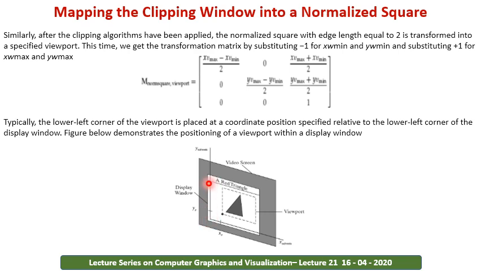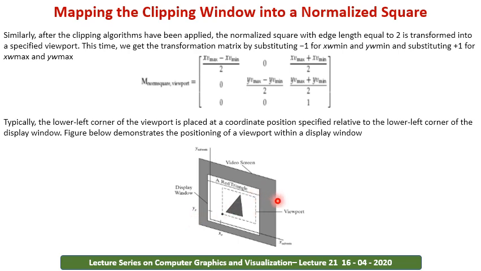Now within the viewport, the rectangle has been drawn. This is considered as a clipping window. Within that one triangle object is displayed. The reason it is displayed is that the triangle entirely lies within the clipping rectangle. If any geometric object lies within the clipping rectangle, it will be sent for display on the display window.